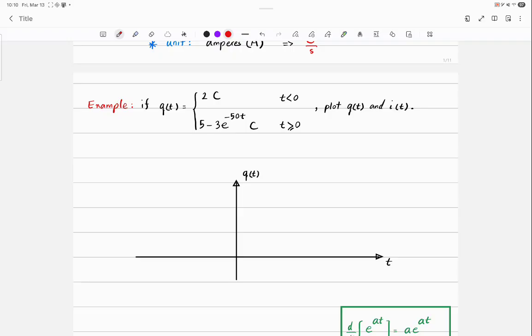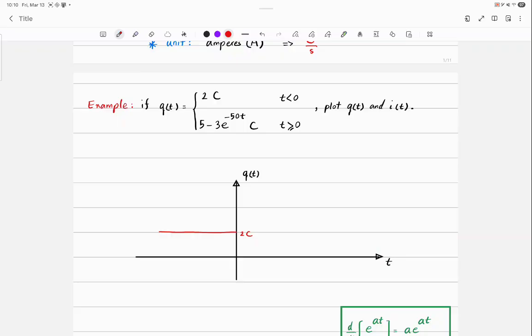So for negative time, what's the value of charge? Two coulomb. So it's a constant value, right? And this is 2 coulomb.